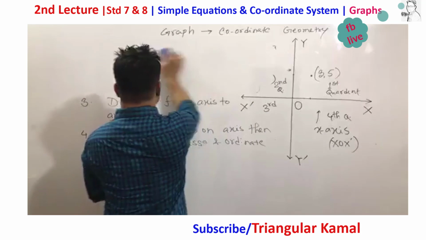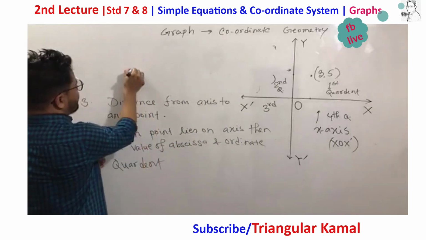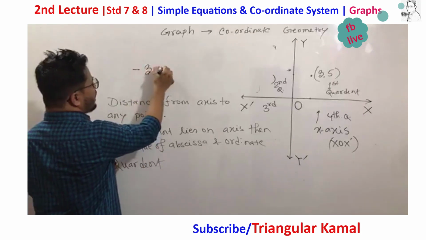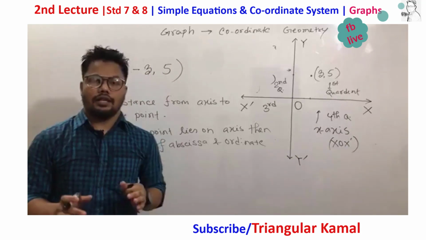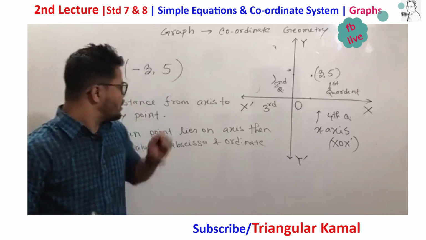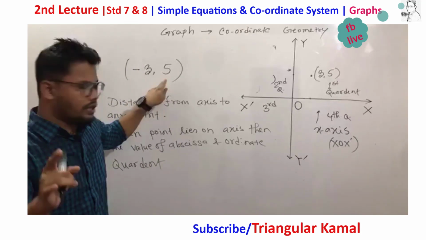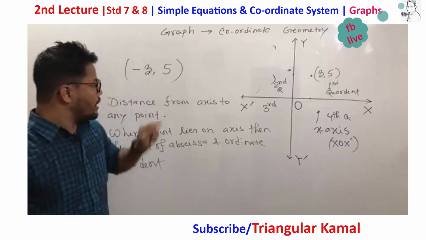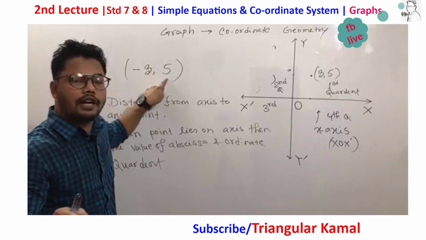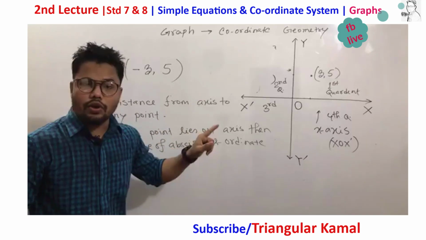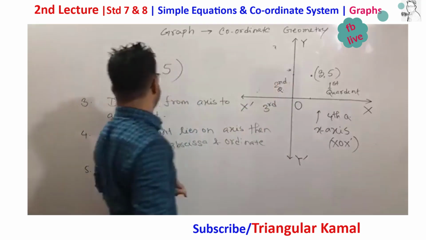Dear students, the question is: in which quadrant does the point -3 and 5 lie? Again I am repeating: is it the first, second, third or fourth quadrant?